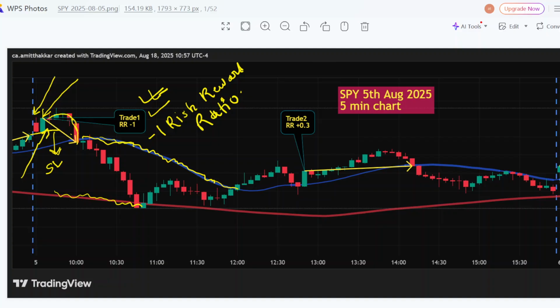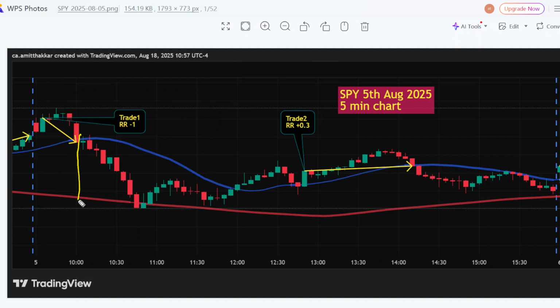So if you see the price action from this time, approximately 10 a.m. till around 12, the market was in a slightly bearish mode, but it stayed between the two moving averages.